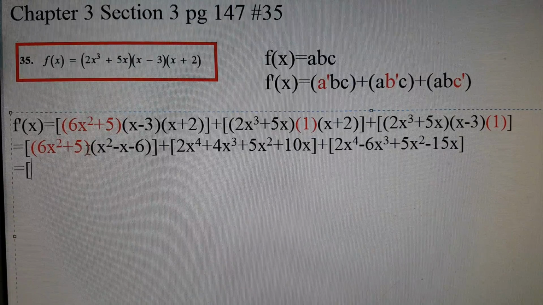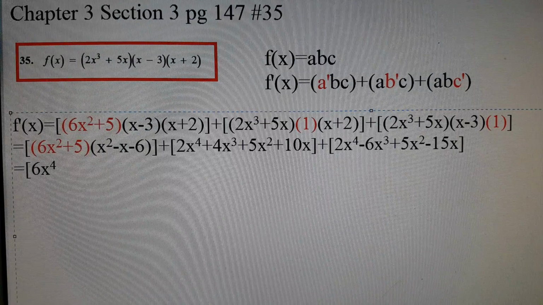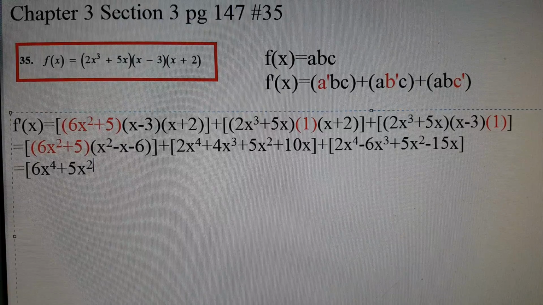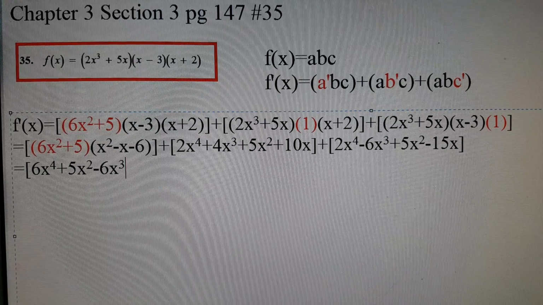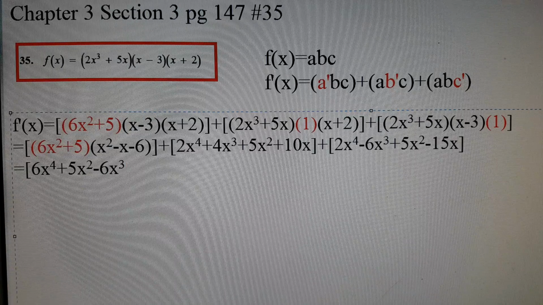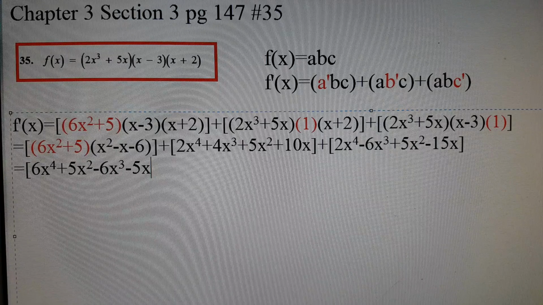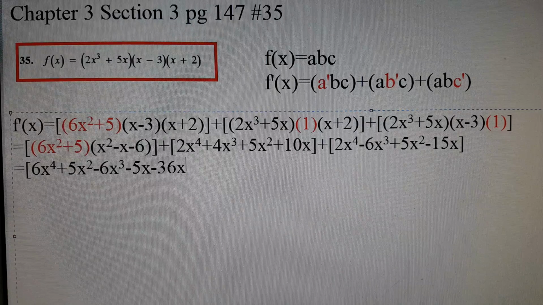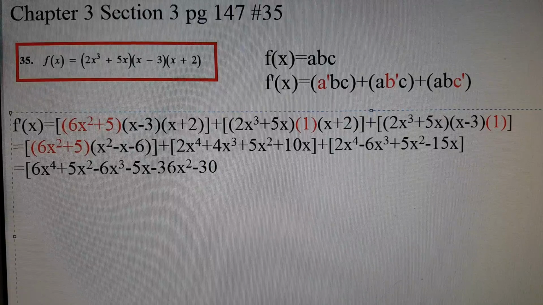So 6x squared times x squared is 6x to the fourth. 5 times x squared is 5x squared. 6x squared times -x is -6x to the third. 5 times -x is -5x. 6x squared times -6 is -36x squared. And -6 times +5 is -30.